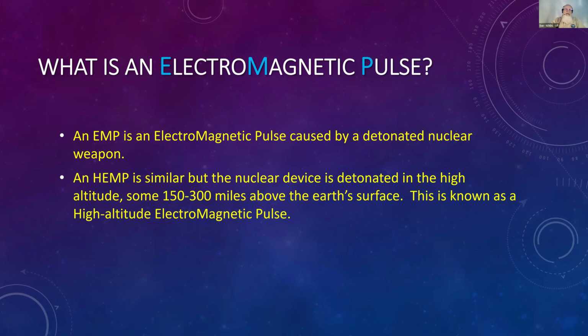So for it to be an HEMP, which is where the bad guys really are targeting, it needs to be 150 to 300 miles above the Earth's surface. So an HEMP is a high altitude electromagnetic pulse.